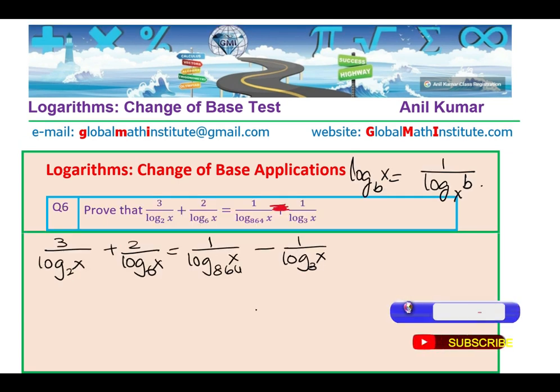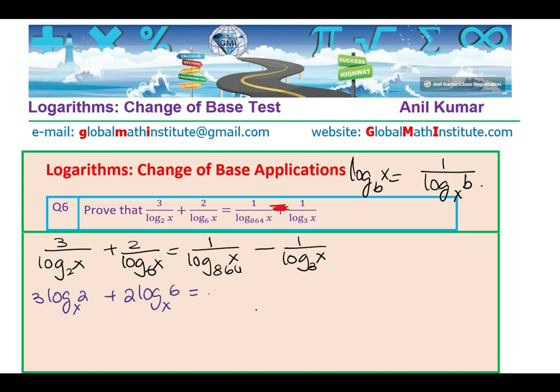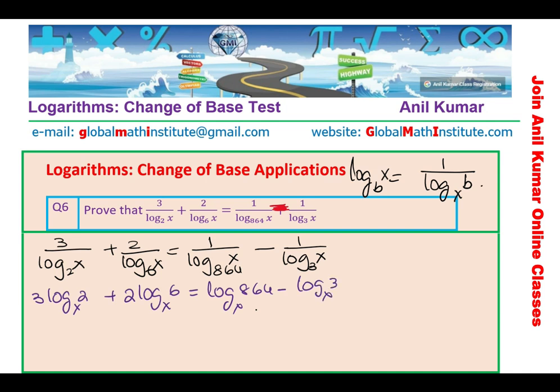Okay, great. So let's rewrite. We get 3 times log to the base x of 2, plus 2 times log to the base x of 6 equals log to the base x of 864 minus log to the base x of 3, right? Now you can write this as log to the base x of 2 cubed plus log to the base x of 6 square equals... here we'll apply the quotient rule, which is 864 divided by 3, right?